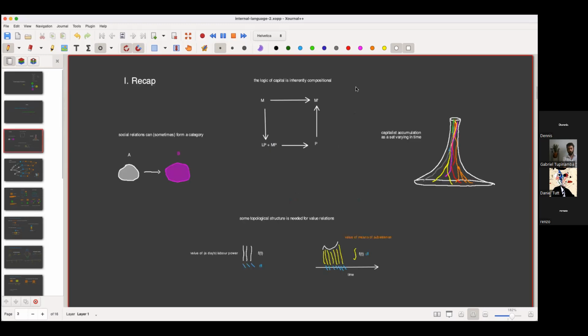Okay, so recapping last time, really, I think there are 4 things to take away from the last presentation. The first is that we can use category theory to investigate social relationships. And I gave this little technical jargon for it.